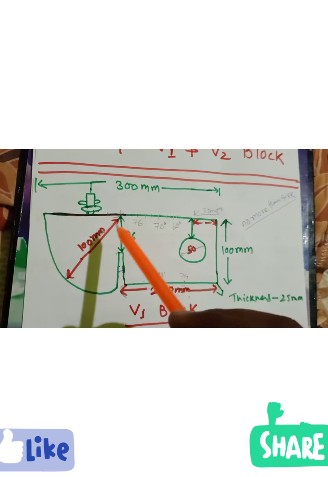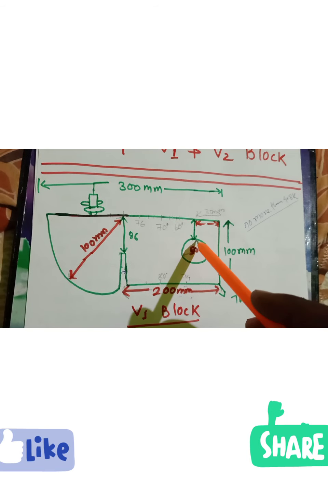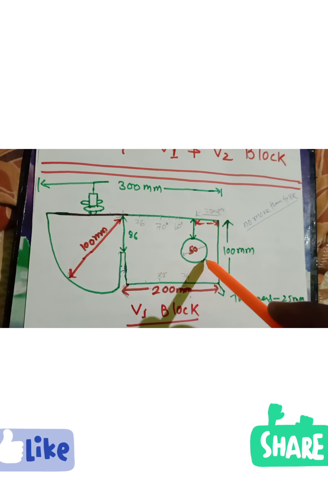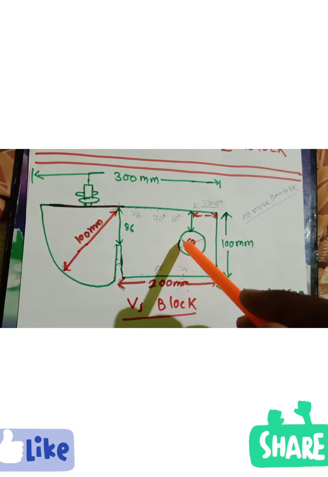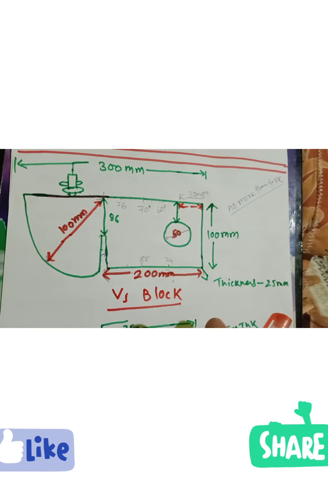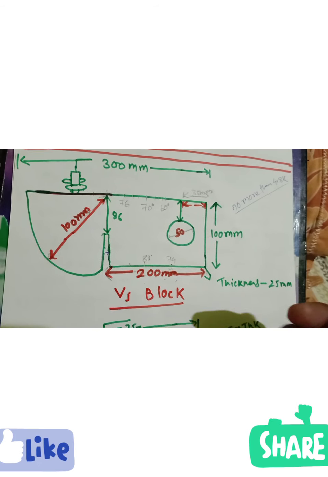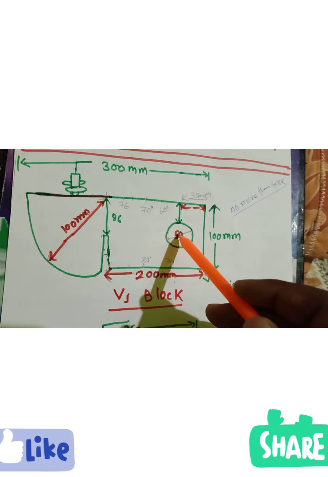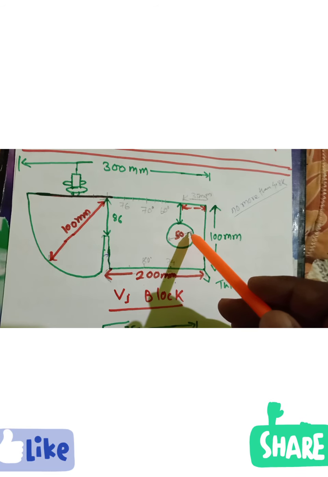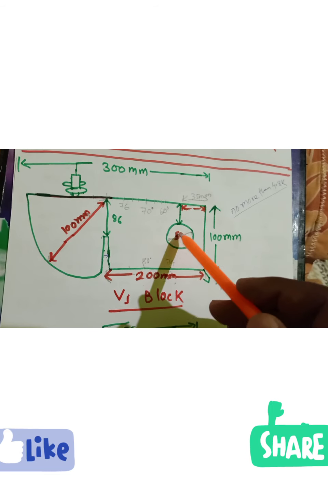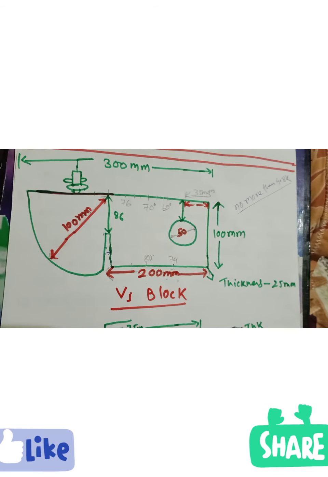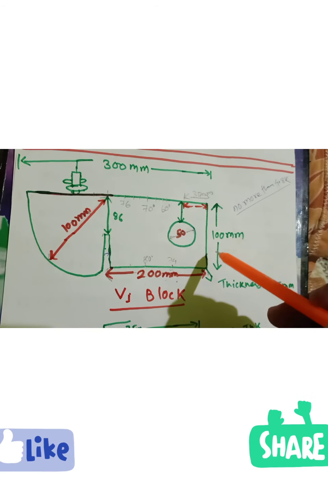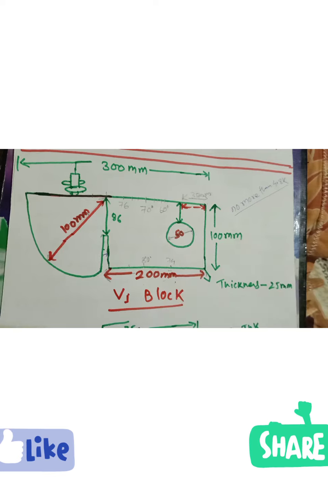In between the B1 block, there is a hole in which we attach the piezoelectric plastics. The radius of the plastic is 25, and the diameter of that hole is 50 mm, and the width of the V1 block is 100 mm.